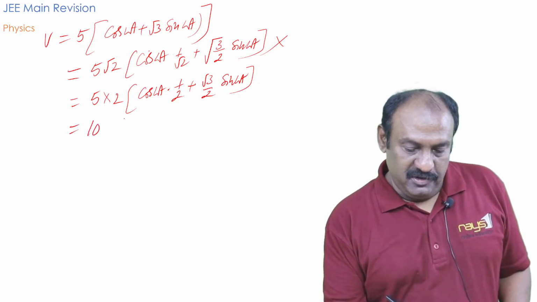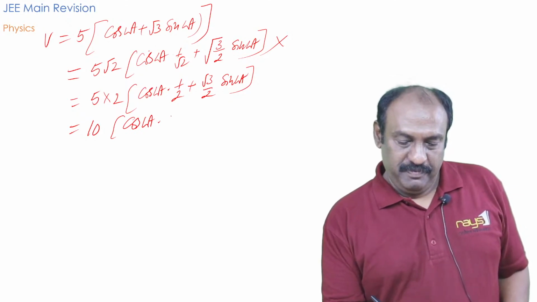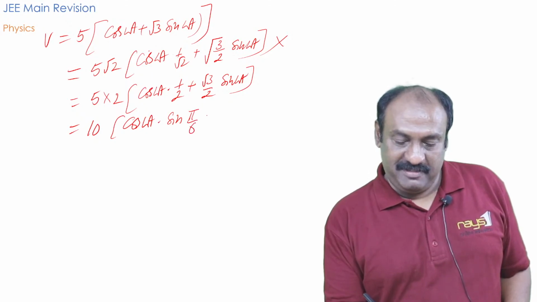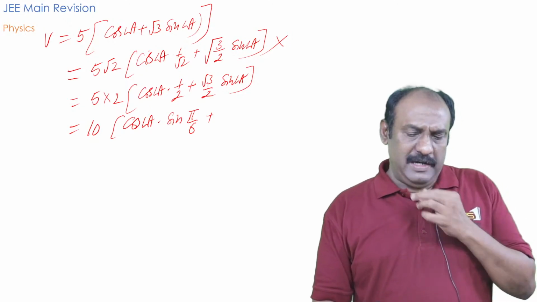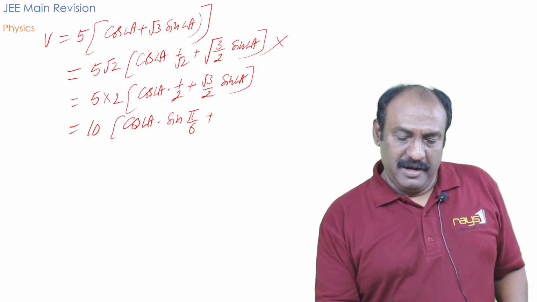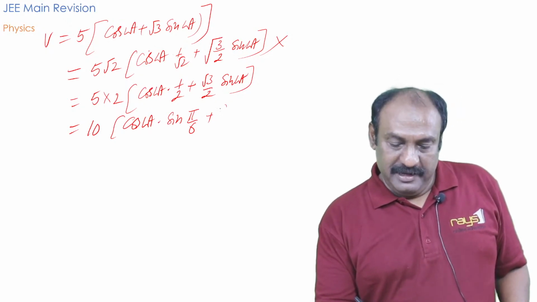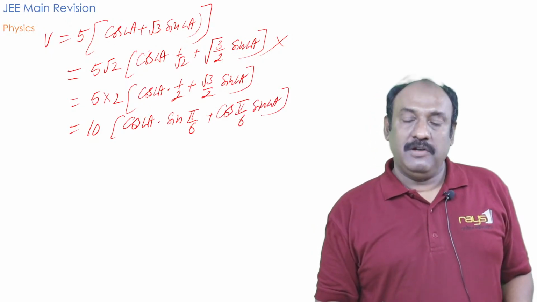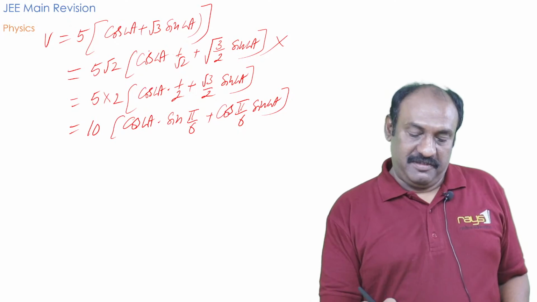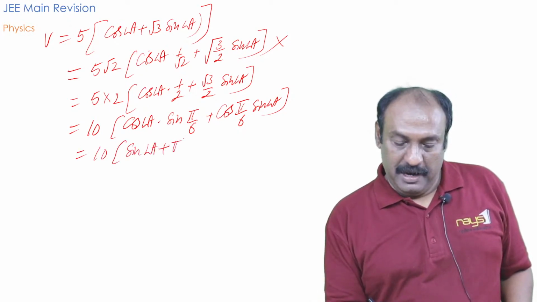Therefore 10 into cos omega t into sin pi by 6, that is 1 by 2, and root 3 by 2 can be written as cos pi by 6 into sin omega t. So it is in the form of sin a cos b plus cos a sin b. So 10 into sin(omega t plus pi by 6).